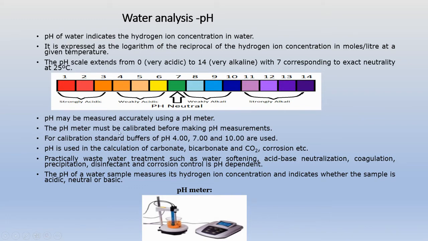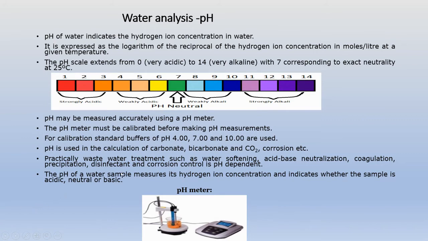For this also, the pH meter must be calibrated before taking the measurement. For the calibration, we are using standard buffer solutions of pH 4, 7 and 10. This pH is used in the calculation of carbonate, bicarbonate and carbon dioxide, corrosion, etc. Wastewater treatment processes such as water softening, acid-base neutralization, coagulation, precipitation, disinfection, and corrosion control are pH dependent.